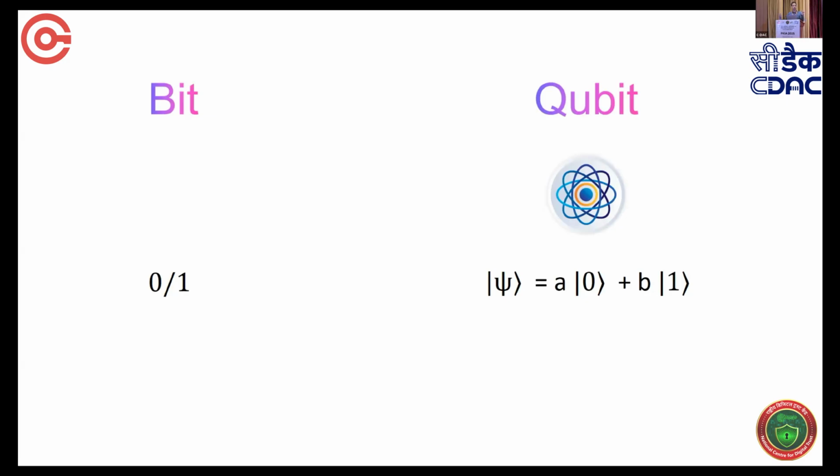That notation is called ket, or Dirac notation. The coefficients A and B can be complex numbers, and since a complex number can take infinite values, this qubit can also exist in infinite states.